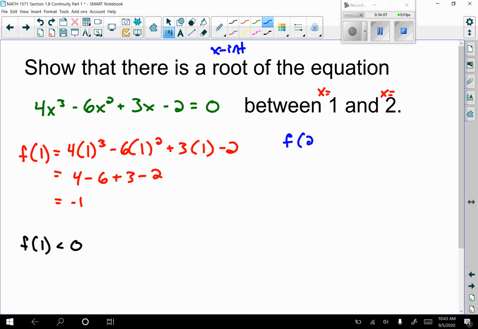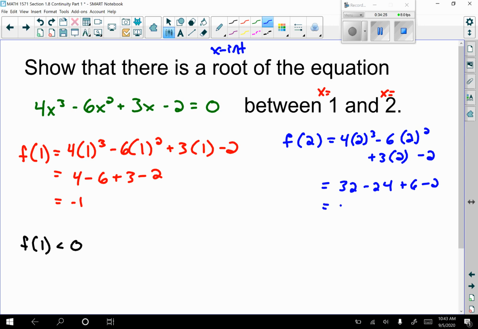F of 2, 4 times 2 cubed minus 6 times 2 squared plus 3 times 2 minus 2. So that will give me 8 times 4, giving me 32. 4 times 6, so minus 24 plus 6 minus 2, and I'm going to get a 12. So right now, f of 2 is greater than 0.